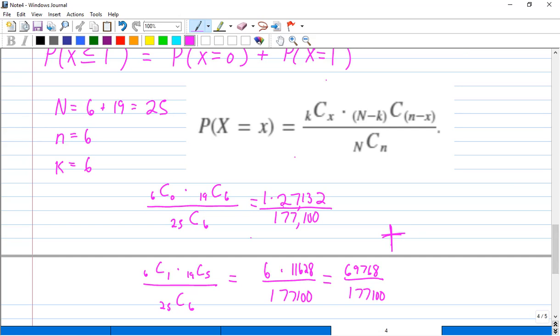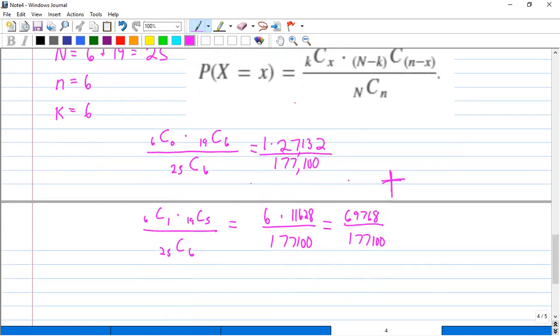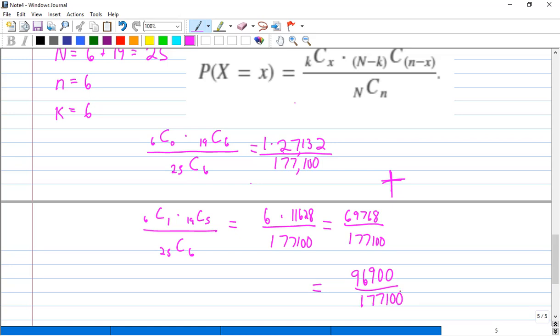When you add those two answers together, you just add the numerators because they have the same denominator. You will get 96,900 over 177,100. So you divide that and you can get an approximation. That's the exact answer. Really, you could simplify, right? Cancel those zeros out, but I'm not going to do that.